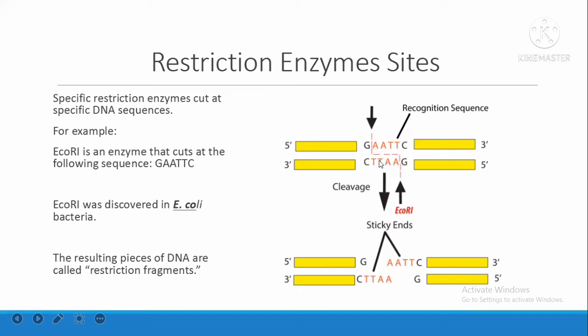On other sequences, it is not active. EcoRI was discovered in E. coli bacteria. The resulting pieces of DNA are called restriction fragments. When a piece of DNA is cut into different pieces, we call them restriction fragments.